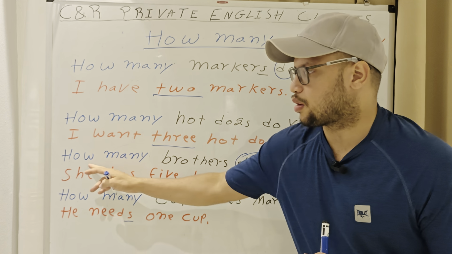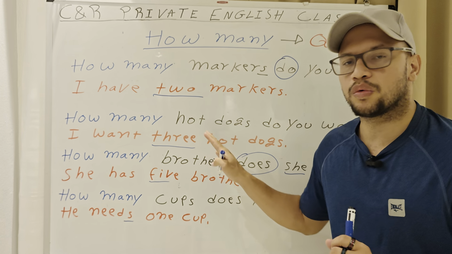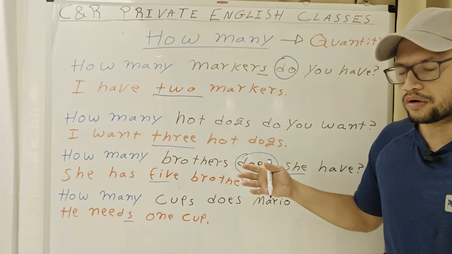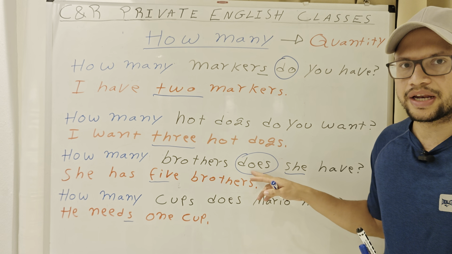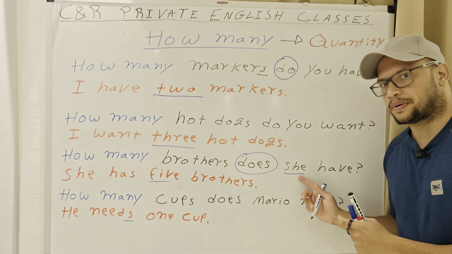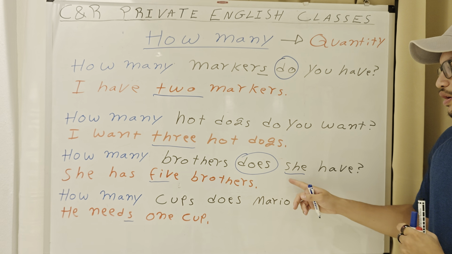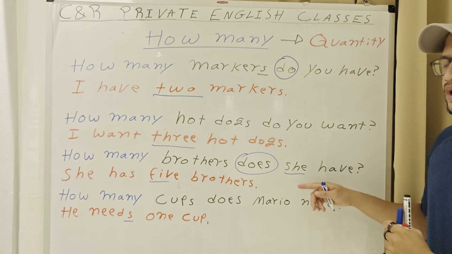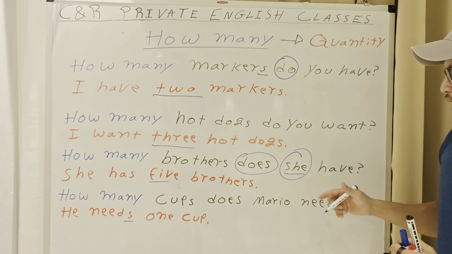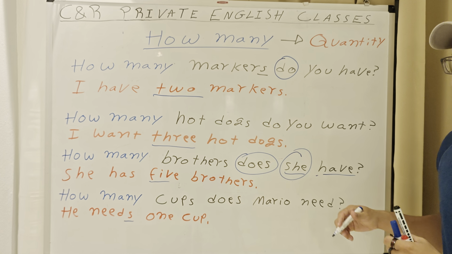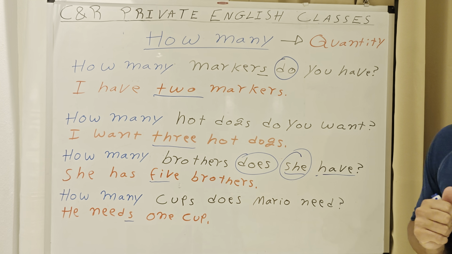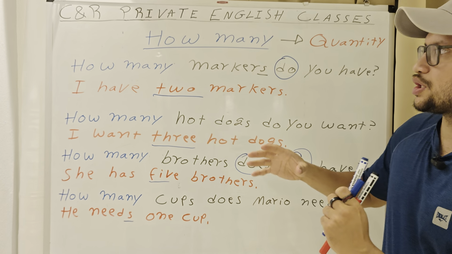So, how many, whatever you want to know the quantity about, the auxiliary does or do, depending on the subject, or the person here, she, and have, in this case, is the verb, but you can have want or you can have need. So again, that is the structure.